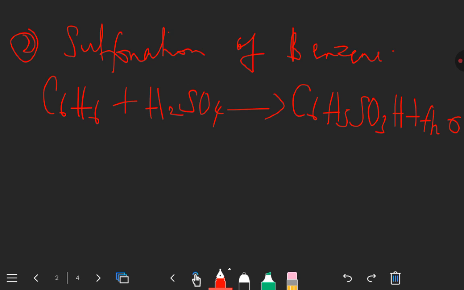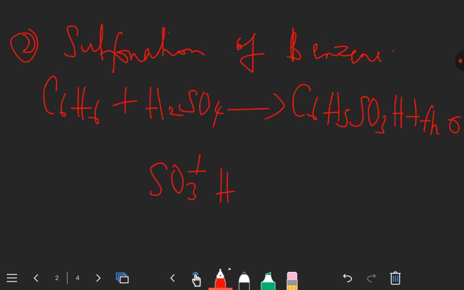Then once the water leaves, you're going to have a certain electrophile which is formed, which is just SO3H+.